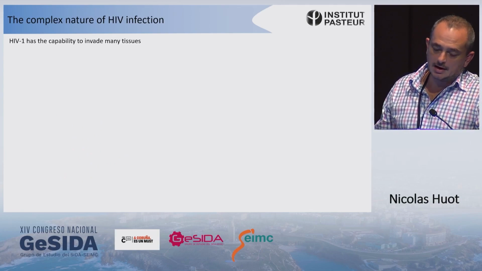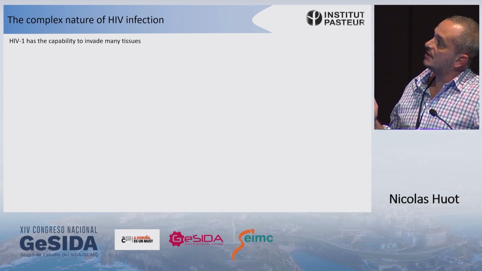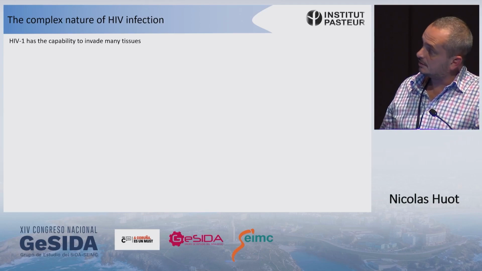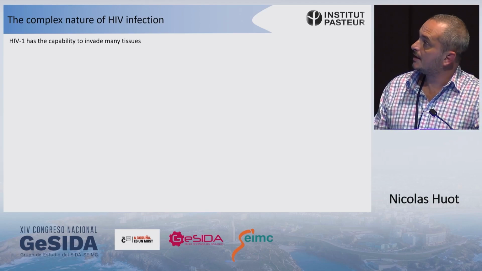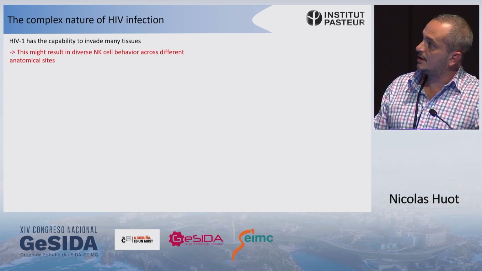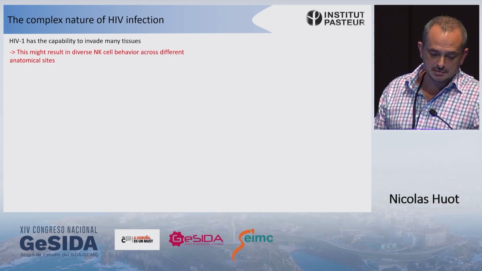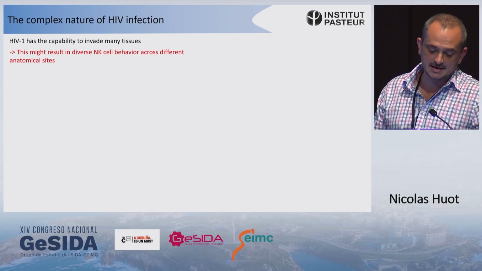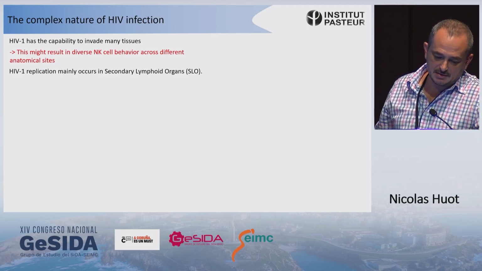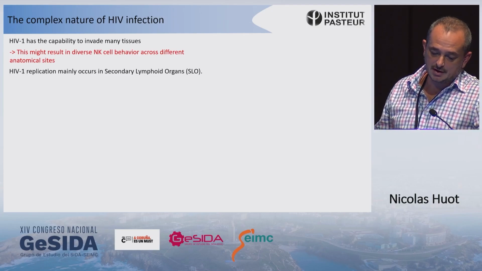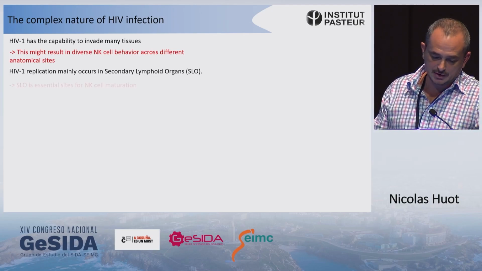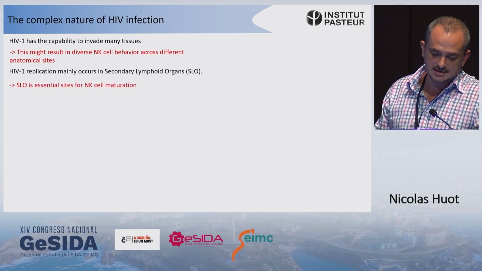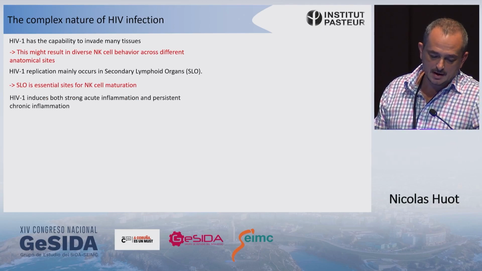So now if we focus on HIV, HIV is a very complex infection regarding NK cells. As I said, HIV is able to invade many tissues, and this could impact NK cell diversity. HIV mainly replicates in secondary lymphoid organs, and the secondary lymphoid organs are an essential site for NK cell maturation.